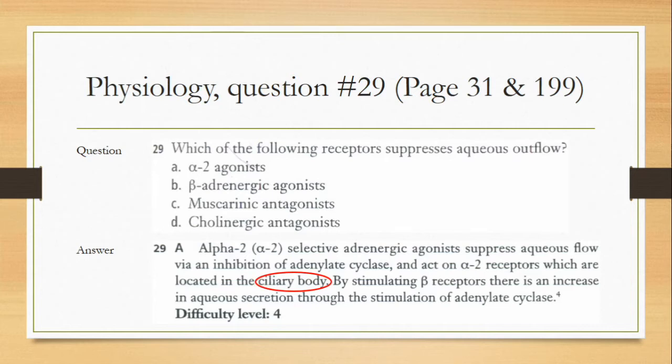It means that this outflow should be replaced by secretion, in my opinion, because the ciliary body actually secretes the aqueous humor instead of causing the outflow of the aqueous humor, because outflow means the circulation of the aqueous humor from the anterior chamber to the trabecular meshwork, not its secretion from the ciliary body.